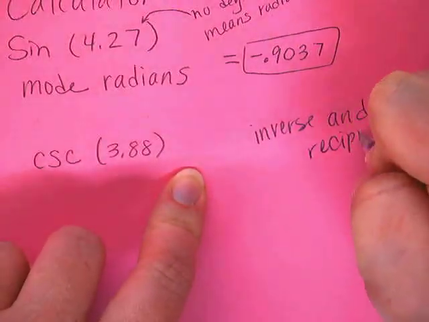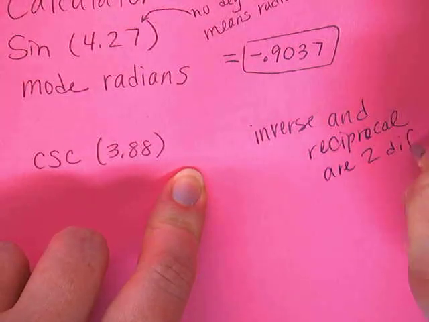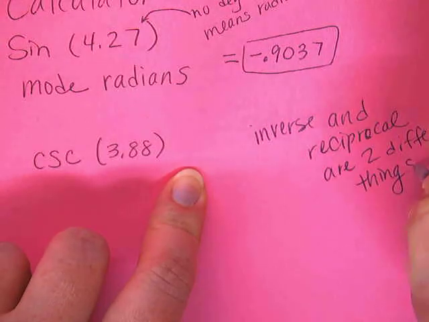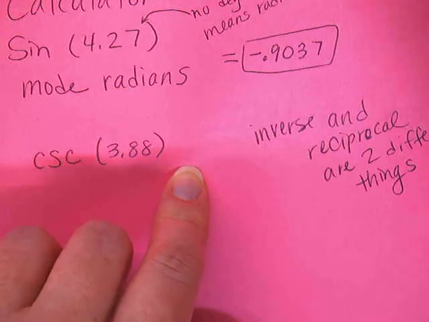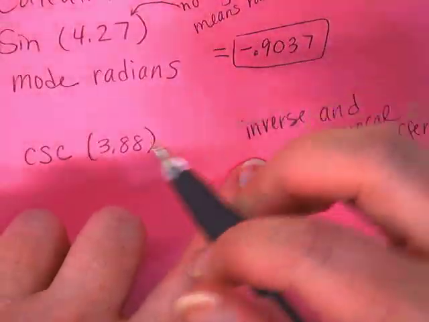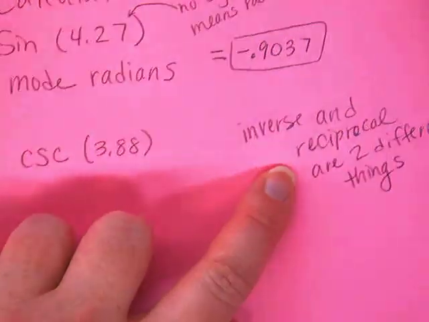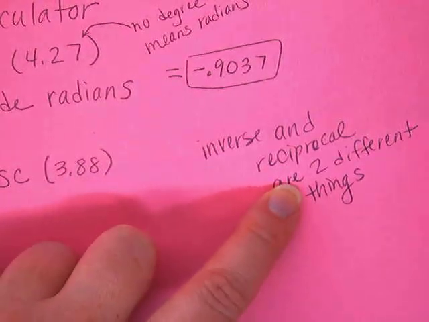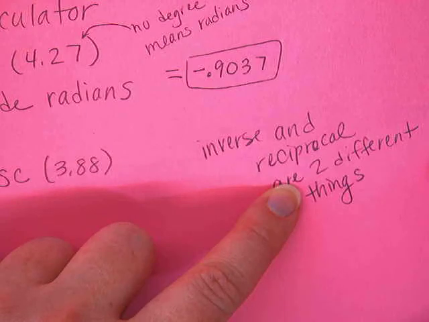In trig, inverse and reciprocal are two different things. I always get that answer, that's why I ask it that way. People always say, I should do second sine, and that's the reciprocal because it's sine to the negative 1, but that is not cosecant.